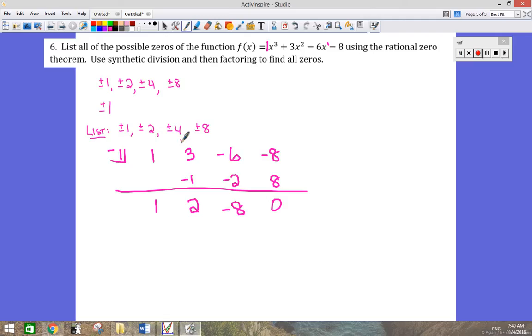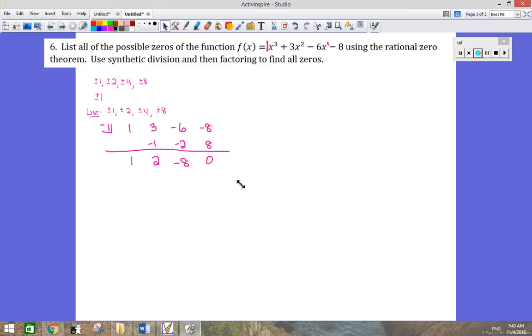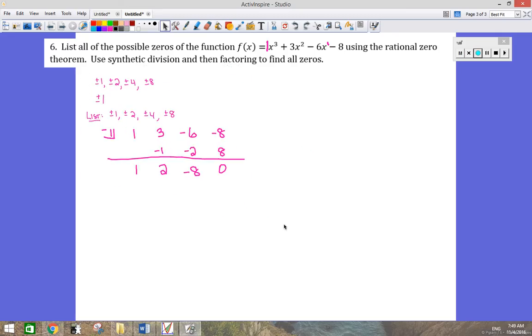There may be more, but we found one, and since this is third degree, when I find one, from my synthetic division result I have a quadratic, and with quadratics I don't have to continue. I could continue the synthetic division if I wanted to, but with the quadratic I'll just either factor it or use the quadratic formula.